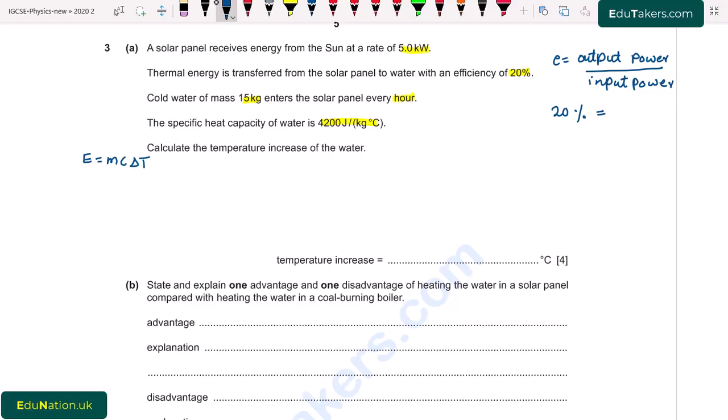It means that it is 5,000 watt. So I write here power, that is output power, divided by 5,000. Then power comes to be 5,000 multiplied by 20%. It means that we have to write it as 5,000 multiplied by 20 over 100, and after simplification we get power comes to be 1000 watt.